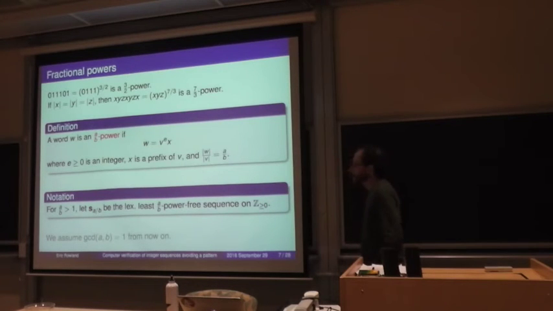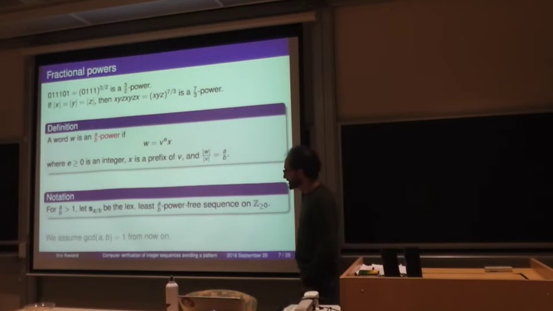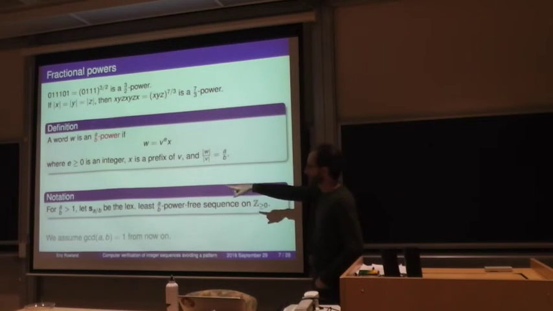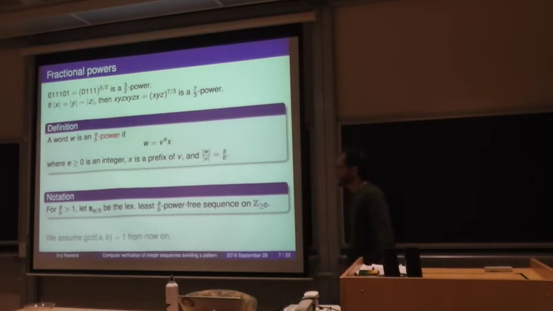All right. So the main object of the talk is this sequence. S sub a over b is going to be the lexicographically least a over b power-free sequence on the non-negative integers. And we assume that a over b is greater than 1 because if a over b is less than 1, if you're trying to avoid half powers, what's a 1/2 power? Well, everything is a 1/2 power because you can always write it as half of something, right?